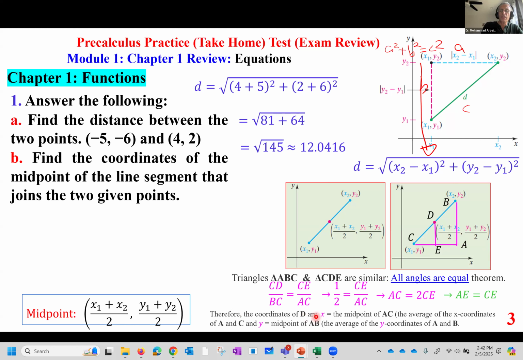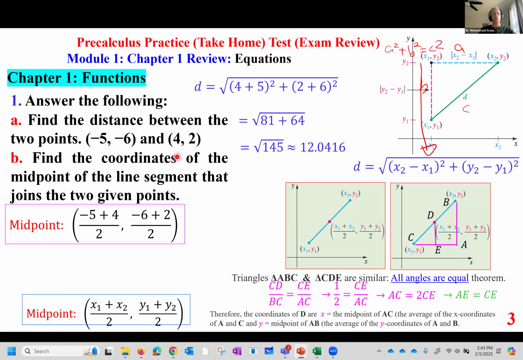Therefore, the coordinates of D are x equals the midpoint of AC, the average of the x coordinates of A and C, and y, the midpoint of AB would be the average of y coordinate of A and B. So in essence, this is the proof. But to answer part B, all you have to do is just plug in, meaning add up the x coordinates -5 and 4 divided by 2, add up the y coordinates -6 and 2 divided by 2.